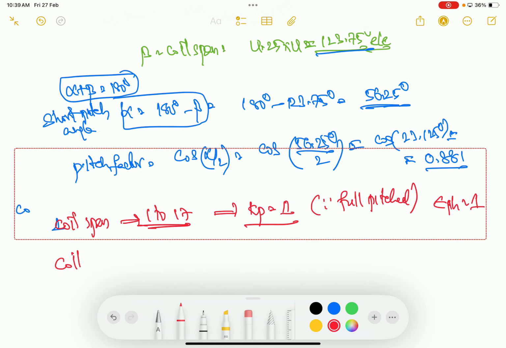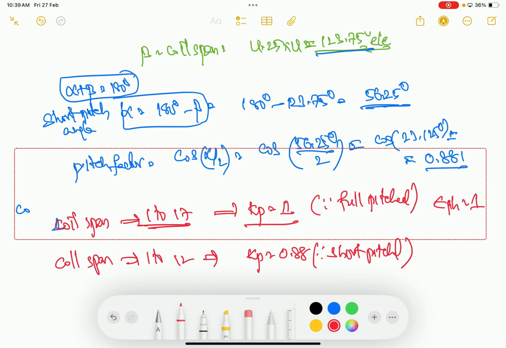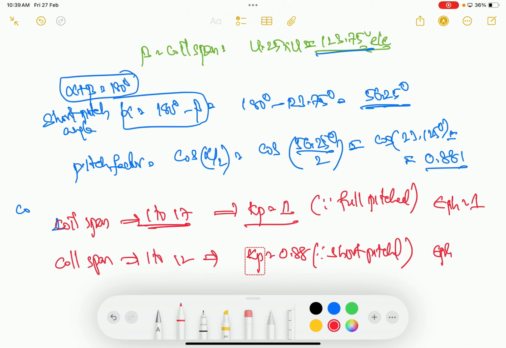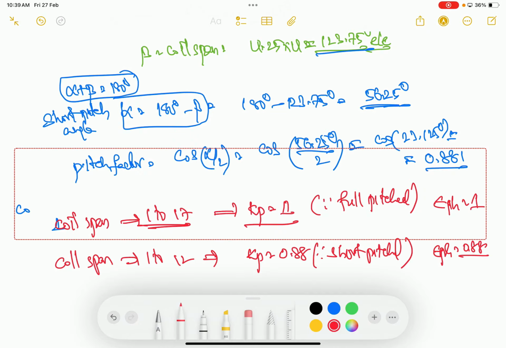With coil span 1 to 12, that is short pitched, the Kp value is 0.88. This is short pitched winding, and the phase EMF also reduces by 0.88 times here.